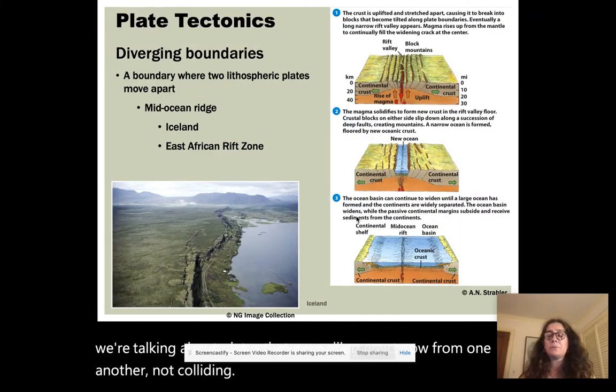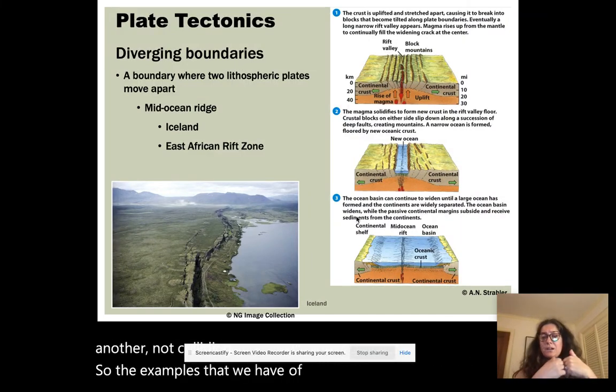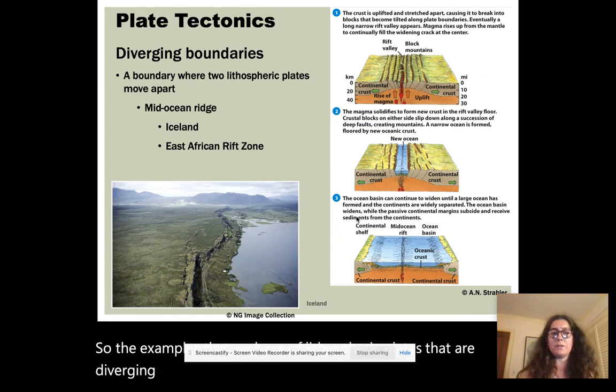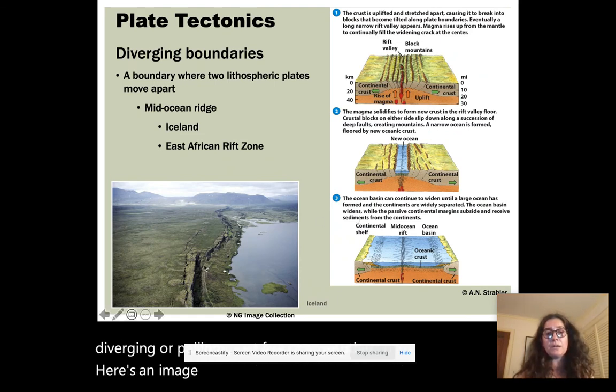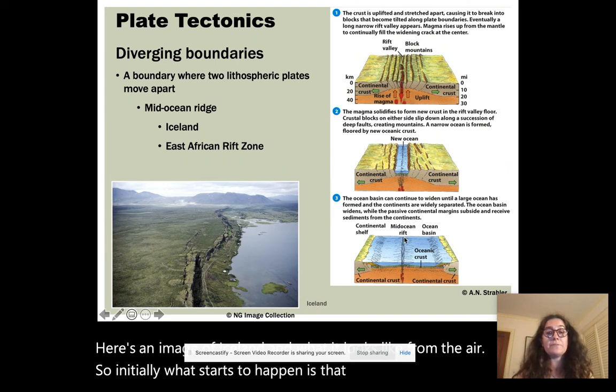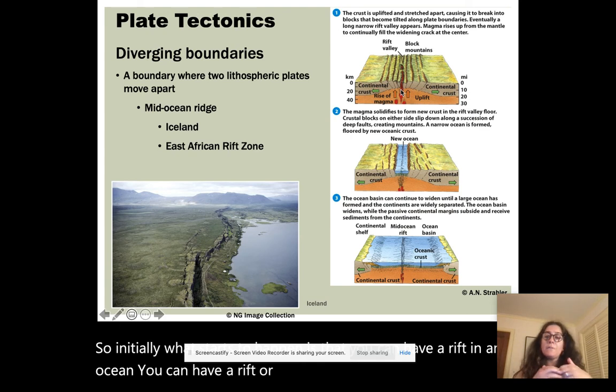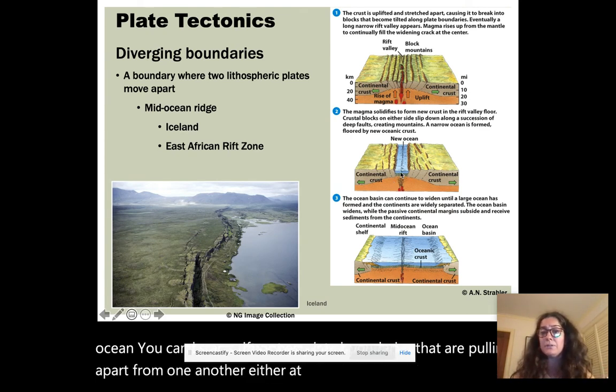So, for the examples of lithospheric plates that are diverging or pulling apart from one another, here's an image of Iceland and what it looks like from the air. Initially, you can have a rift in an ocean, or two plate boundaries pulling apart from one another at either the oceanic level or the continental level.